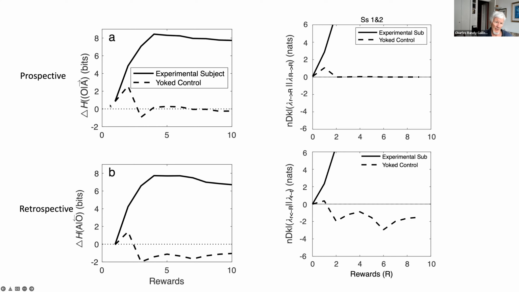And the association, the mutual information between this subject's responses and how soon it got reward was negligible. Whereas this subject, the mutual information was up to 8 bits. And we're going to see at the next lecture that 8 bits looks like kind of a magic figure. But it was up to 8 bits by the third reward, and it stayed up there. So there was a lot of prospective information.